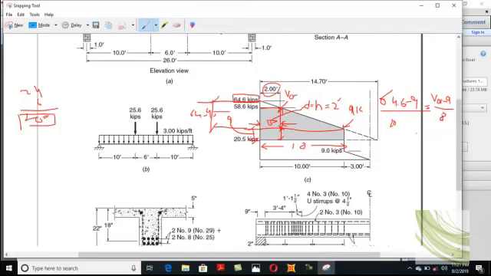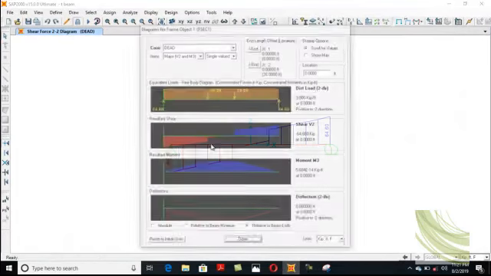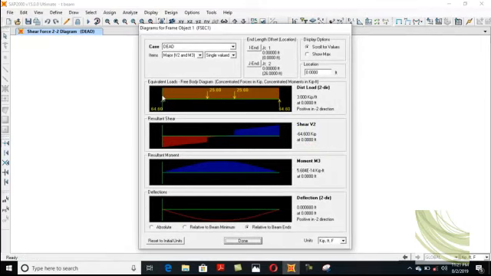So if you simplify this equation, you can get VCR equals to 58.6, clear. And if you draw it, you can see that at a distance 2 feet, how much will be your shear, okay.